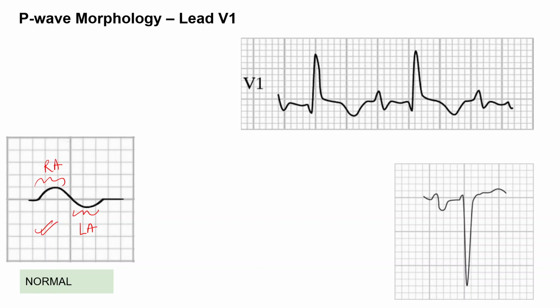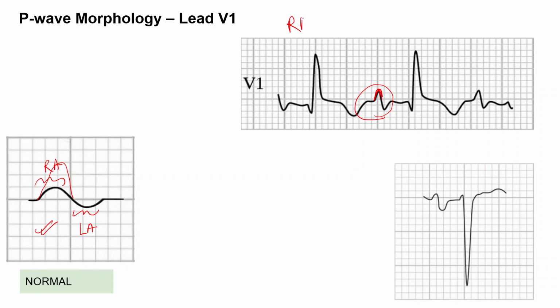Okay. So whenever there is a right atrial enlargement, this initial portion will increase. As you can see here, this is a P wave, and you can see the right atrial portion is increased.